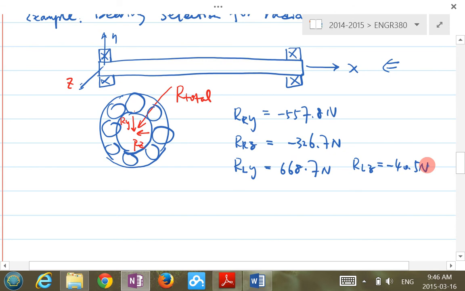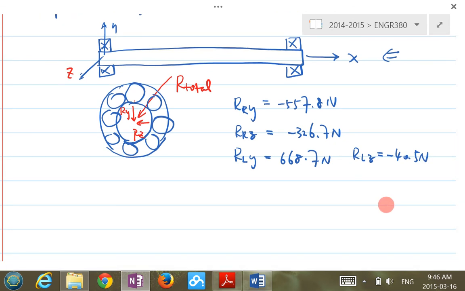So when we design and pick the bearing, let's say the other condition is this shaft. Let's say you have already designed the shaft, and based on the loading condition you find that the shaft needs a minimum diameter equal to 2 centimeters.